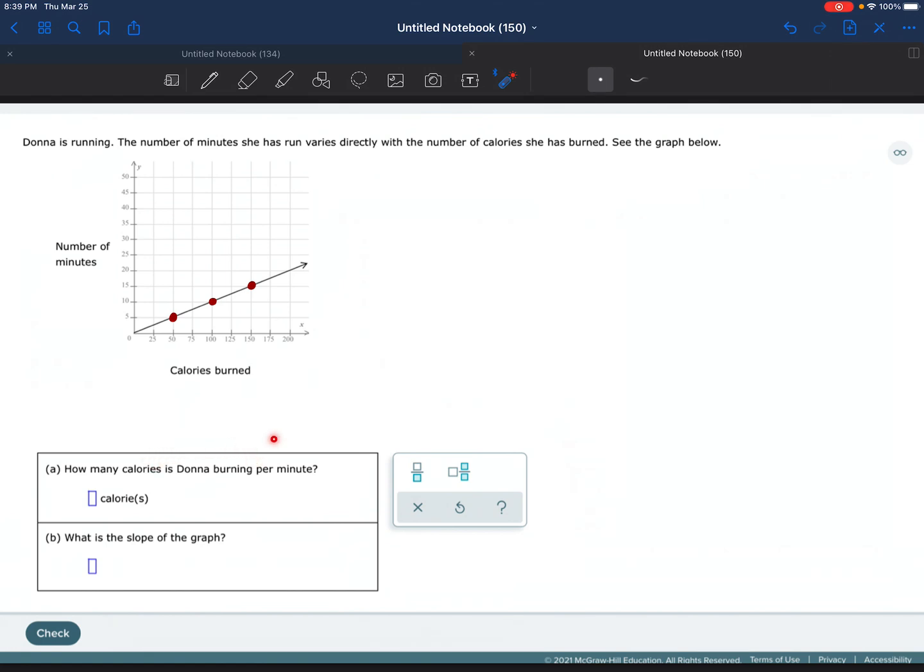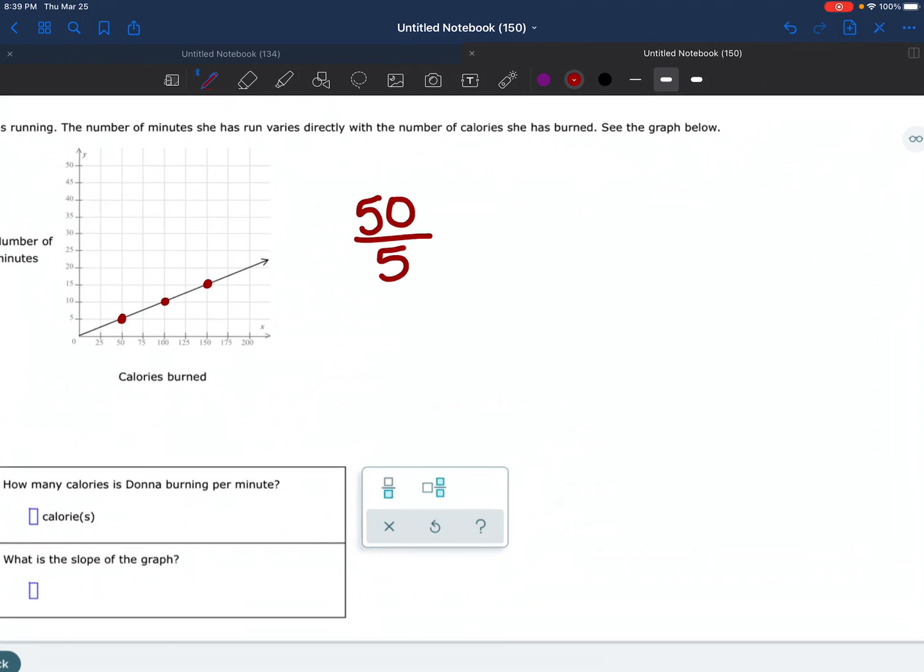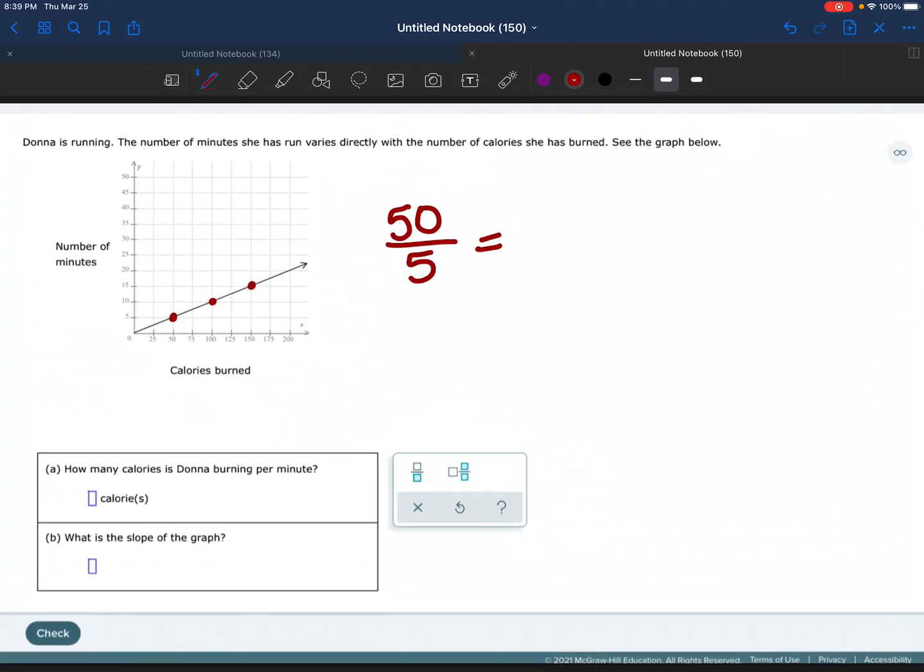It says how many calories per minute, so calories is going to go first. I have 50 calories in how many minutes? At 50 calories, that's 5 minutes. So if she burns 50 calories every 5 minutes, all you have to do to find calories per minute is divide. 50 divided by 5 gives you 10.